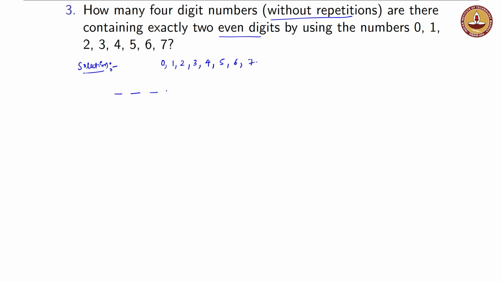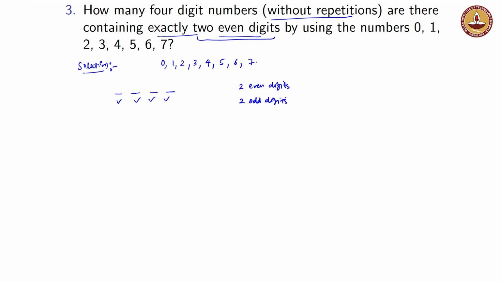Alright. So to form a 4-digit number, first of all, the condition is there should be exactly two even digits. That means out of these four places, if there are exactly two even digits, then for the remaining places there will be two odd digits.